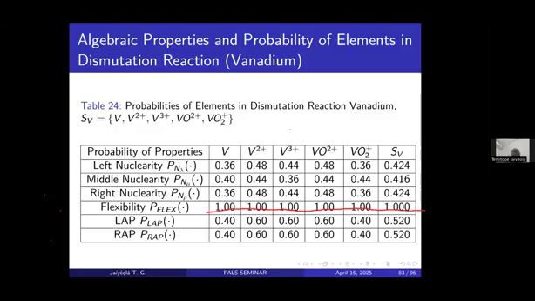The highest probability, if you compare all the nuclei, at least the left, the middle, the right, their probabilities are less than half. And for the lap and the wrap, only V2 plus, V3 plus, and VO2 plus have probabilities that are greater than half.